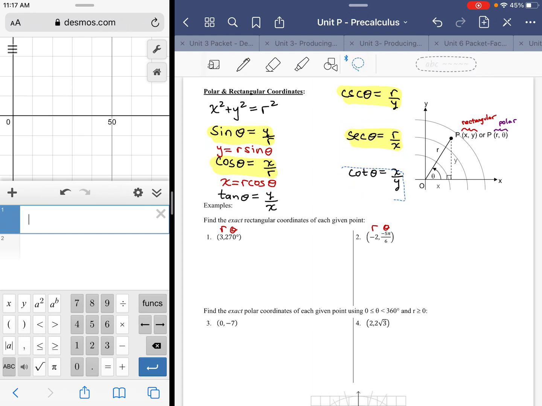Now, I know a lot of people don't like the reciprocal functions, but they do have value, and they're worth talking about. So that's what I'm going to do. I could solve this one for y and say y is equal to r over cosecant of theta, and x would be equal to r over secant of theta.